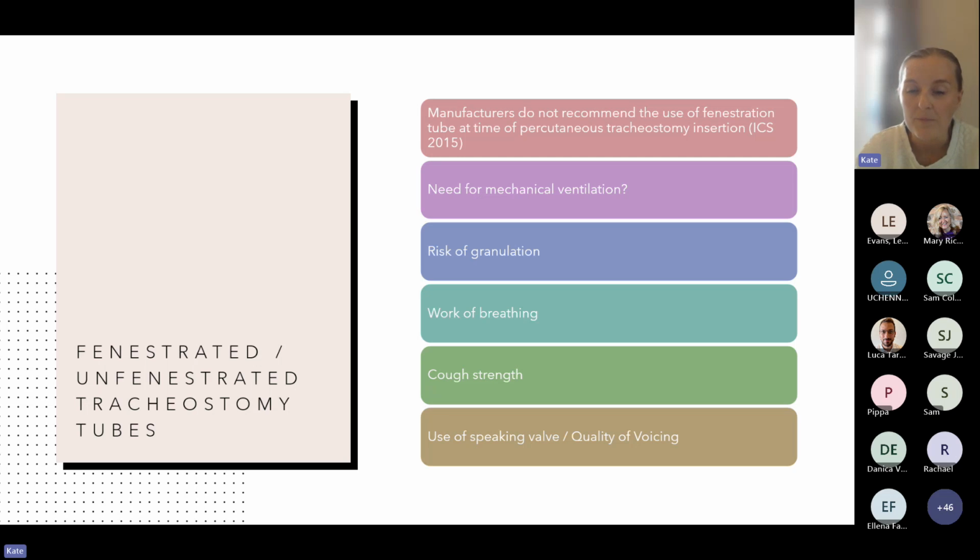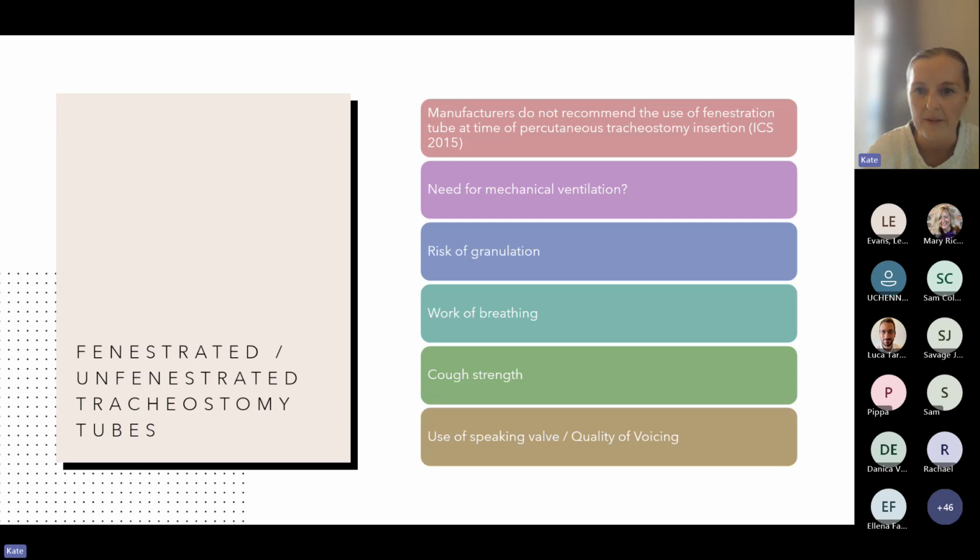Fenestration is sometimes poorly positioned near the posterior tracheal wall. And this can irritate that wall and increase the risk of granulation. This can then grow and occlude the fenestrations, and it sometimes makes it difficult to pass your suction catheter, and it also complicates the removal of the inner cannula and can sometimes complicate the removal of the tracheostomy itself.